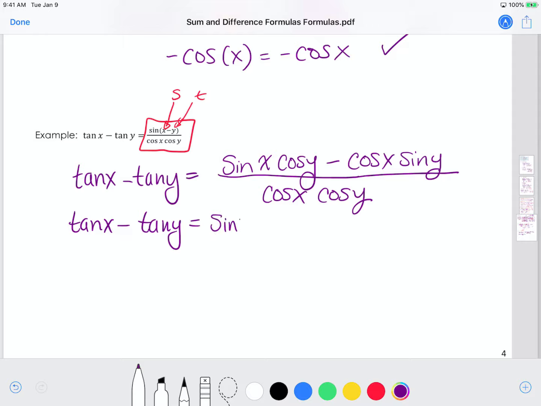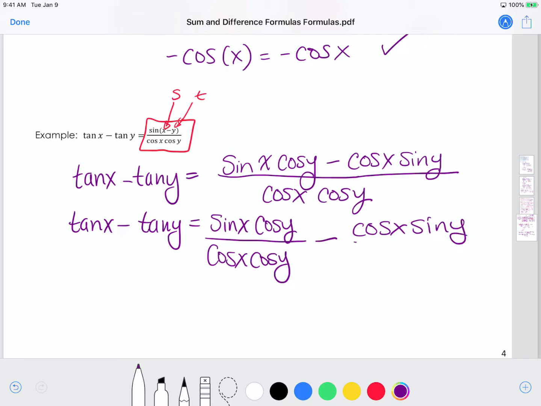So I'm going to have sine of x cosine of y all over cosine of x cosine y, and I'm going to subtract cosine x sine y all over cosine x cosine y. So I use the trick of splitting it up into two fractions.